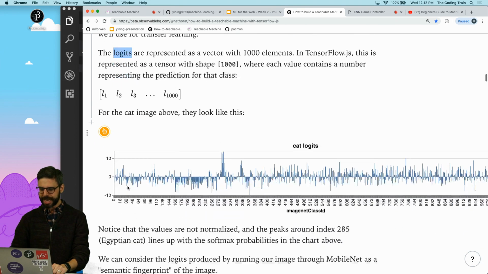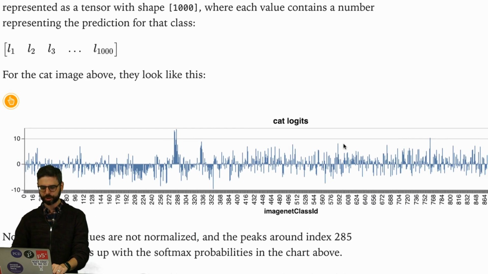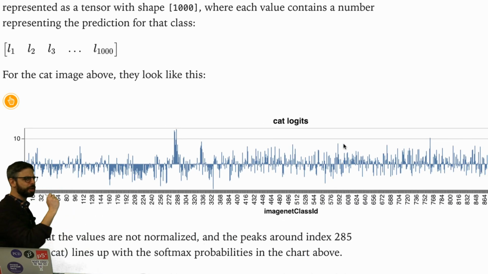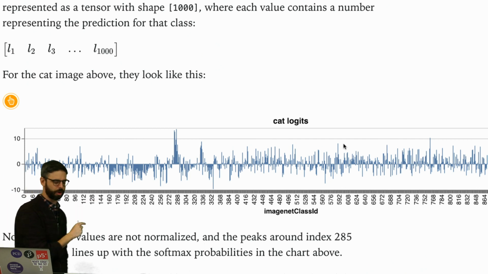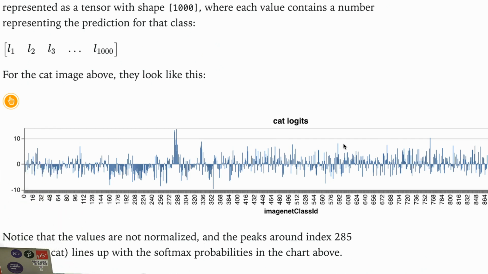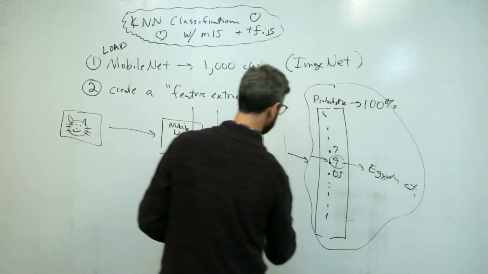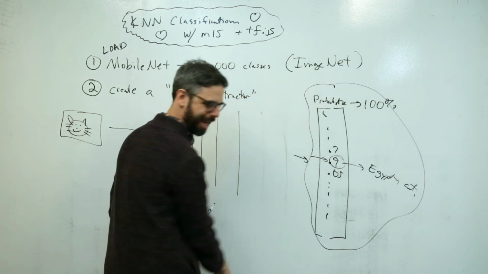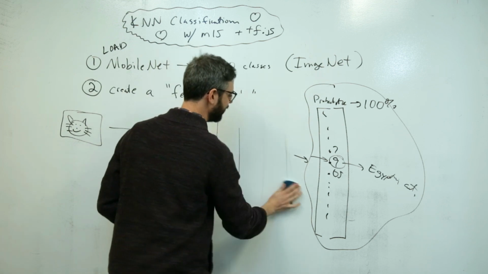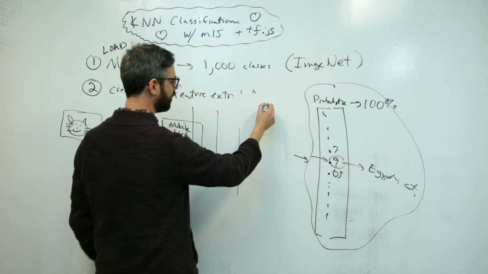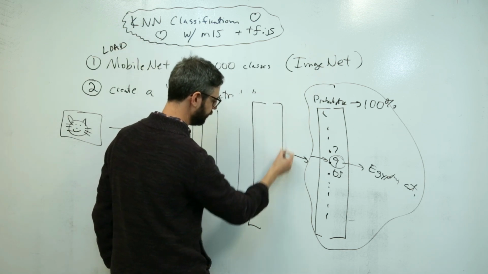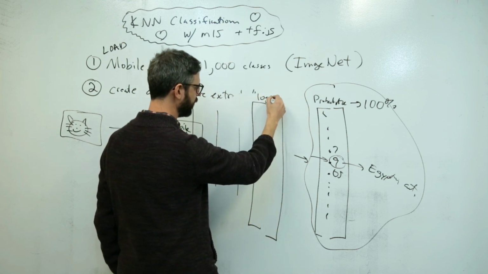But you can see, this is actually what the logits look like. It is the unnormalized output of the neural network. It is a layer. I shouldn't be using my hand. I have an eraser. It is the layer right before. This is called the logits.